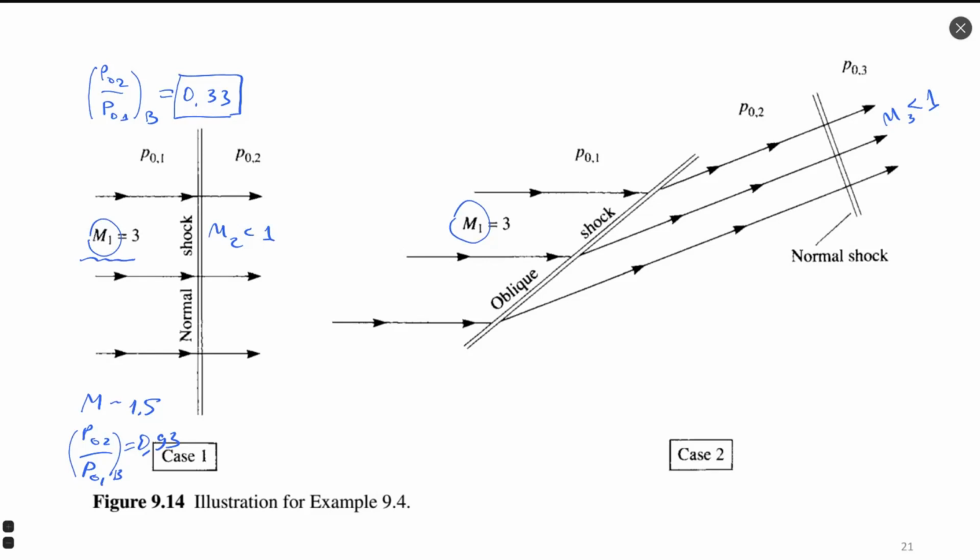But when we lose 67%, like in case 1 on your slide, it will never be possible to compensate by combustion. In such a case, we need to have a more complex transition. First the flow goes through one oblique shock wave or several oblique shock waves, gradually reducing velocity, and then it goes through a normal shock wave at the end to reduce velocity until subsonic regime.